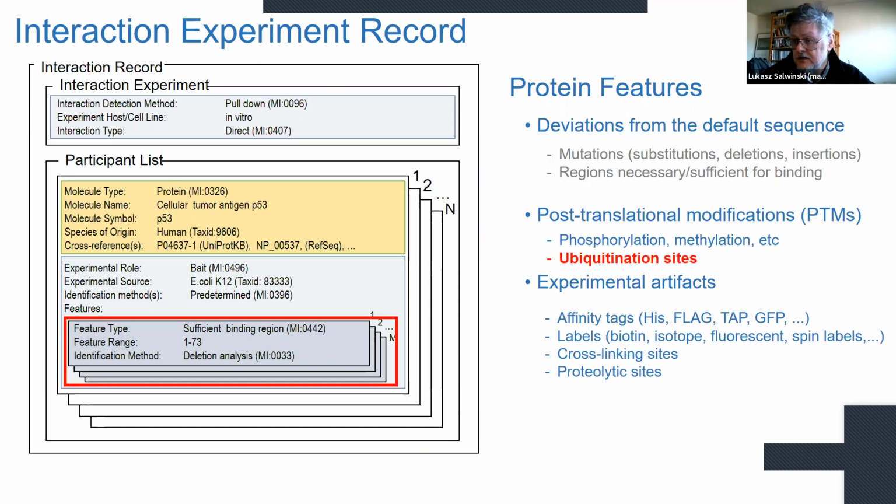In case of cross-linking experiments or proteolytic modifications, the position of the cross-link or the position of the proteolytic cleavage might be reported. So there's a chance for additional features reported for a given protein. And once more, there might be none in some cases, but in some cases you might have multiple proteins listed in a record, and for each of those you're going to have one or more features. So that's why the interaction records are pretty complicated.